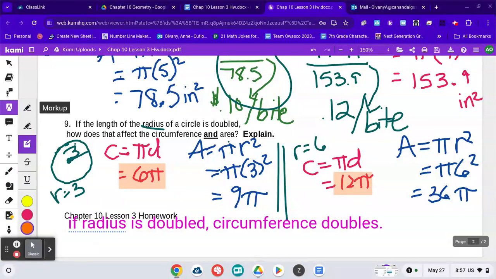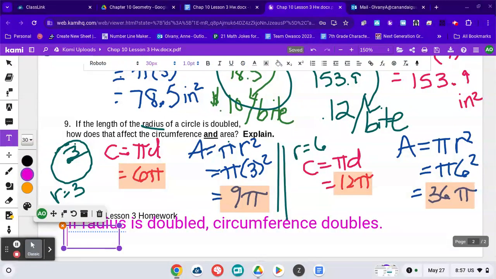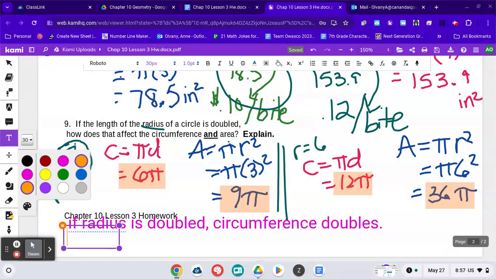Let's take a look. This is 9 times pi. This is 36 times the same number. So what's going to happen to the area? If radius is doubled, area does what?